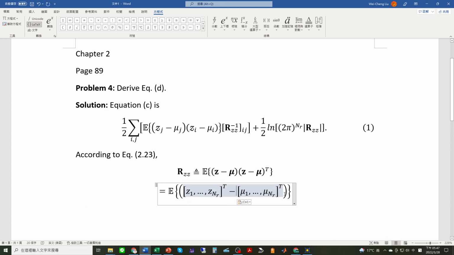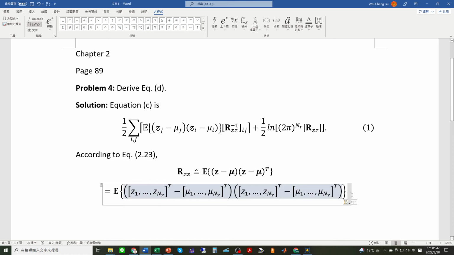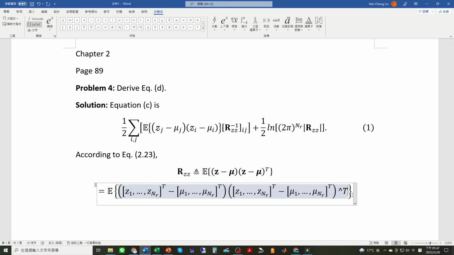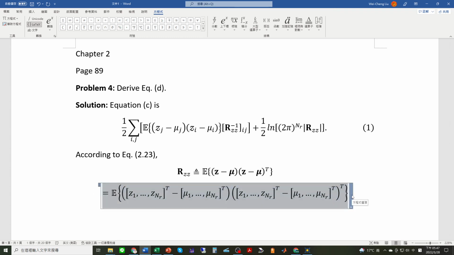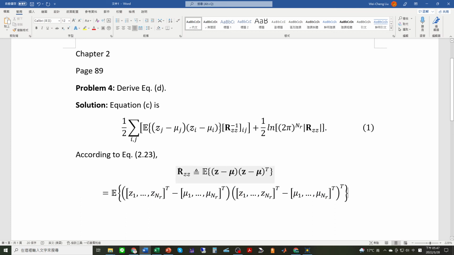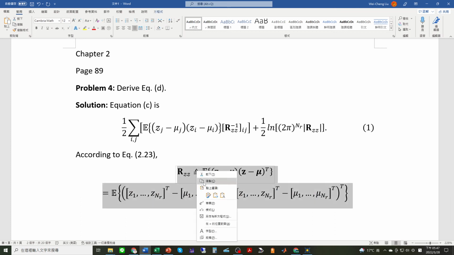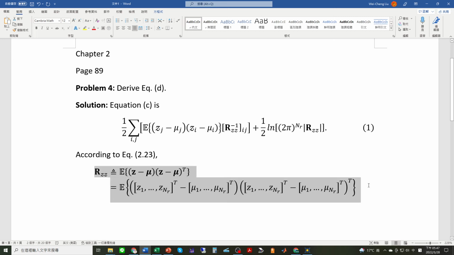Okay, like this. And times itself again, so I copy this again and add a transpose here. I need to align at the equality sign. Very good.